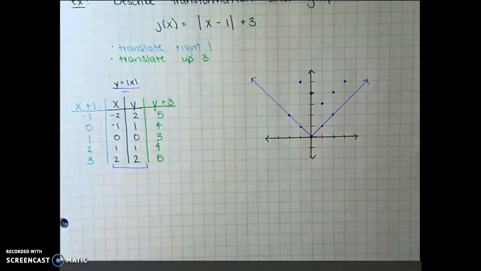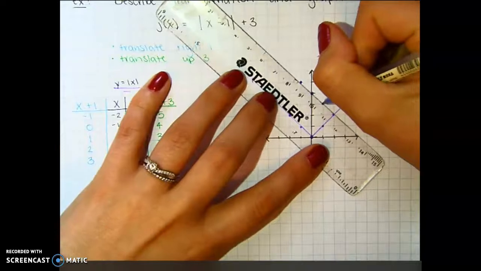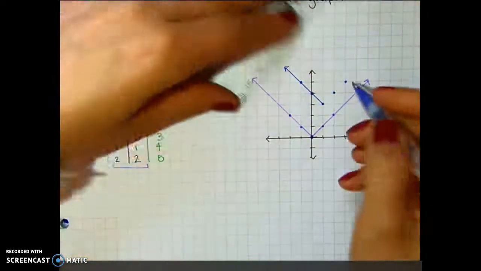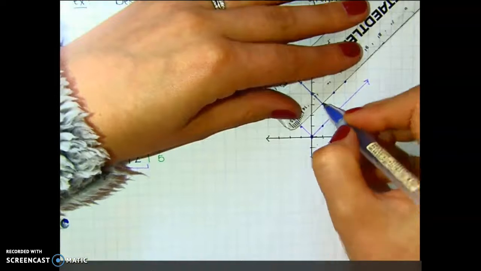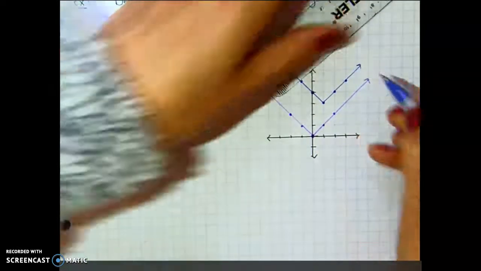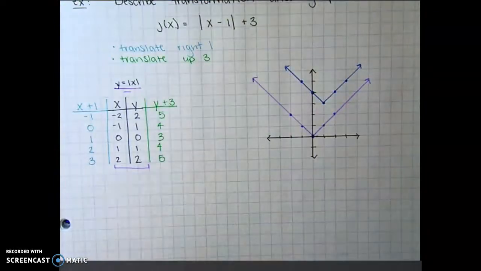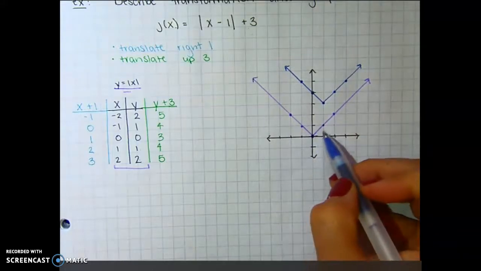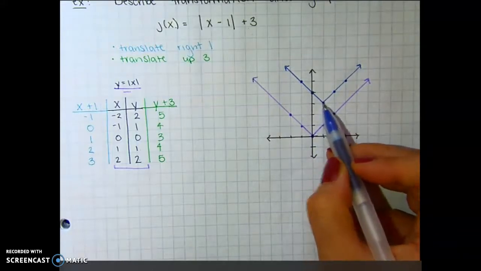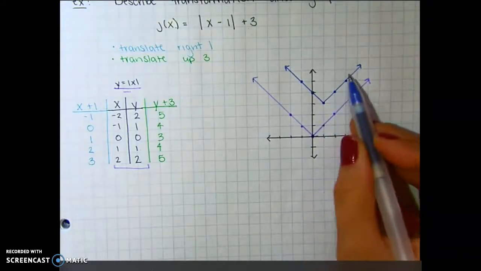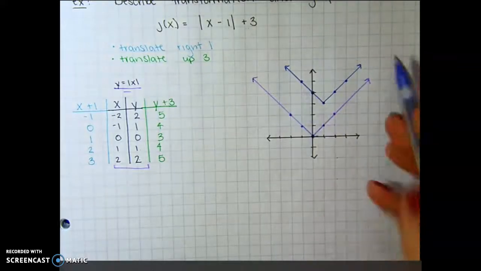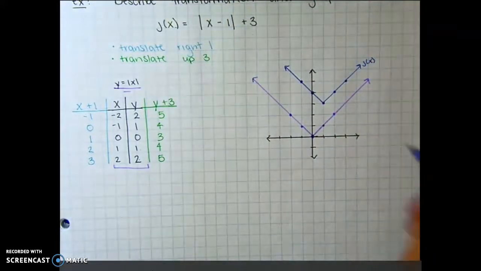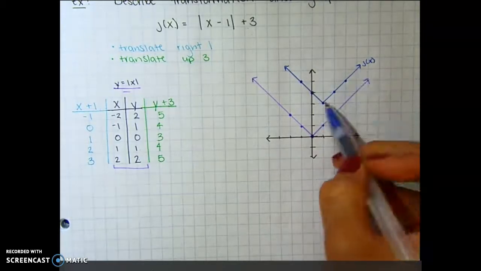And then I'll connect these very similarly, so it makes a little V. And then you can see this has been transformed right 1, up 1, 2, 3. And then each one has been translated that way. So normally you just need to graph your j of x function. So this is the transformed function.